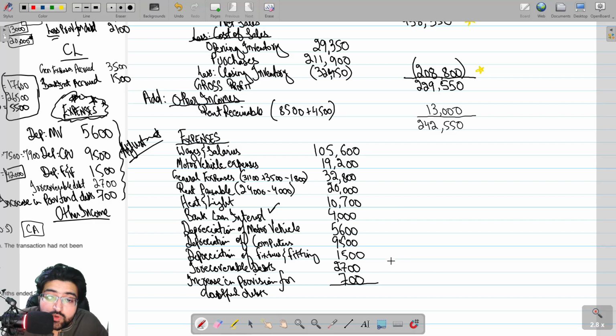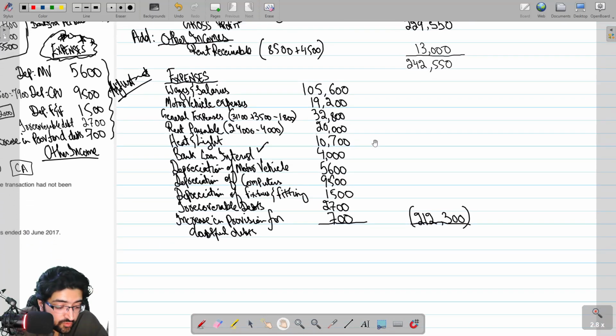Okay? The total value of these expenses is 212,300. So now this is the money generated by the business. These are all the expenses of the business, operational expenses of the business. So I have to subtract the expenses from the money generated to find the final profit of the year. Okay? So let's do that.